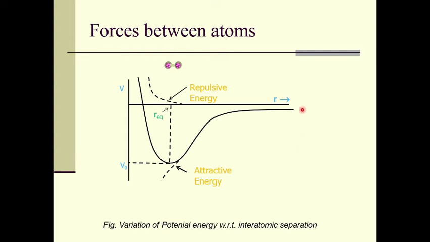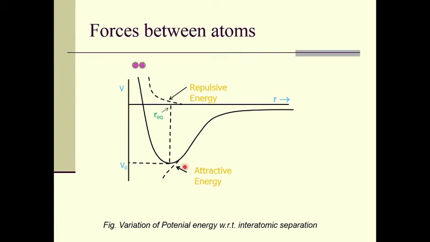On the y axis we have the potential energy, and on the x axis we have the interatomic separation R. When the two atoms come closer, their potential energy decreases. And further, if we reduce the separation between two atoms, there will be a rise in the potential energy.